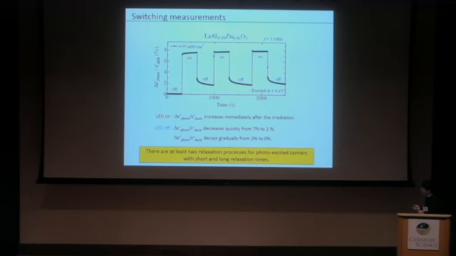In contrast, when the LED is turned off, the dielectric permittivity decreases quickly from 7% to 2%. After that, the dielectric permittivity decays gradually toward the initial value. These results suggest that there are at least 2 relaxation processes for photoexcited carriers with short and long relaxation times.